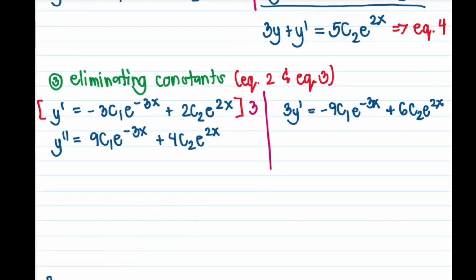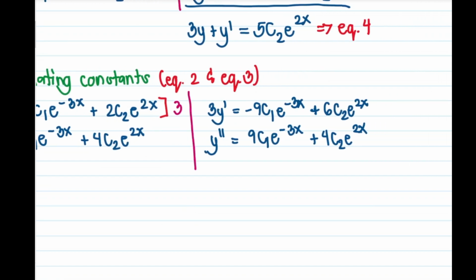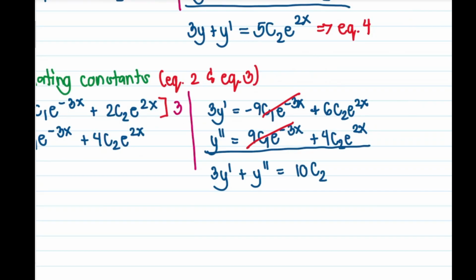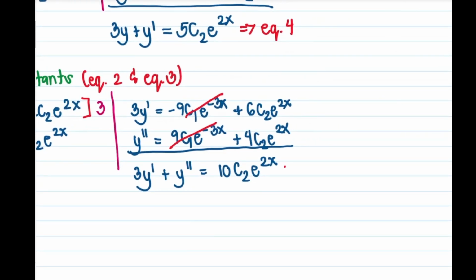And then copy the other equation, y double prime equivalent to 9c1 e raised to negative 3x plus 4c2 e raised to 2x. So let's simplify. So this one will be cancelled out. Therefore, what's left is 3y prime plus y double prime equivalent to 10c2 e raised to 2x. So this one will be your equation 5.